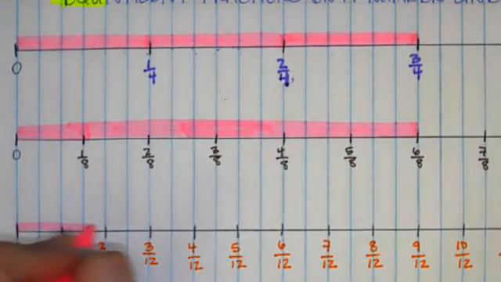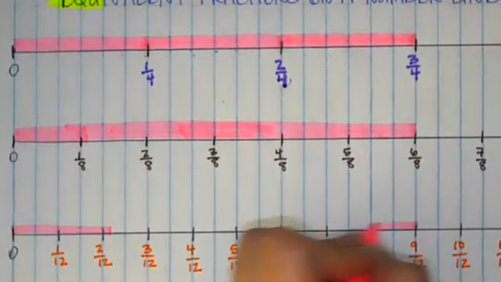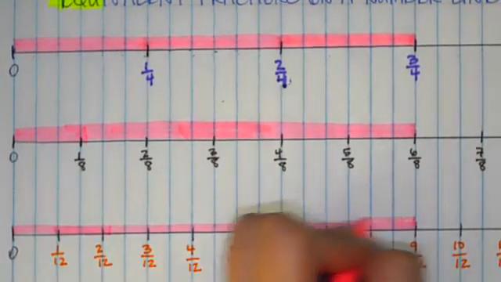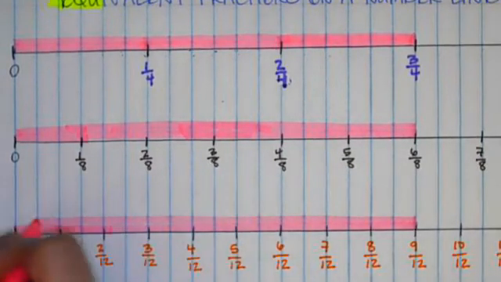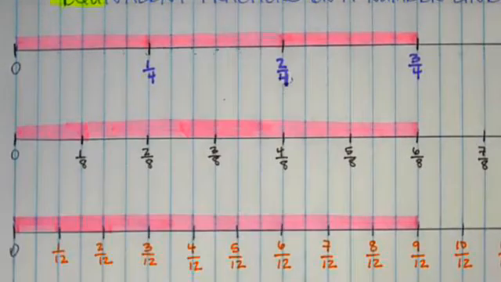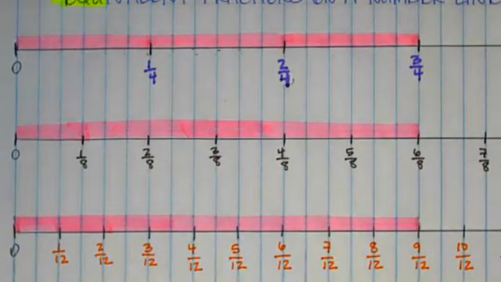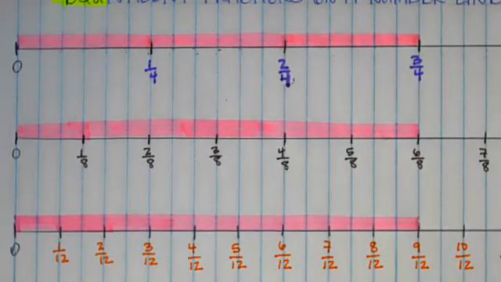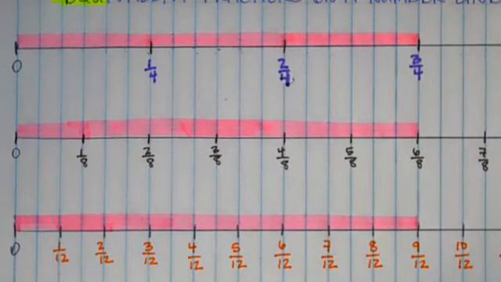And then on the third number line, I'm going to do what I did on the first two. I am going to show on the number line the length in the same amount. So when you are looking at these three fractions, you will see that they are equivalent.